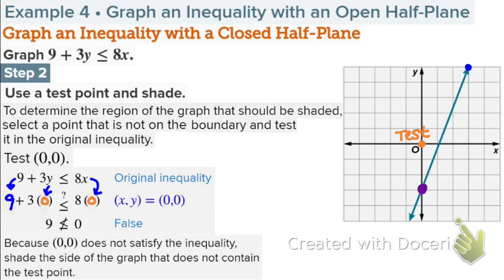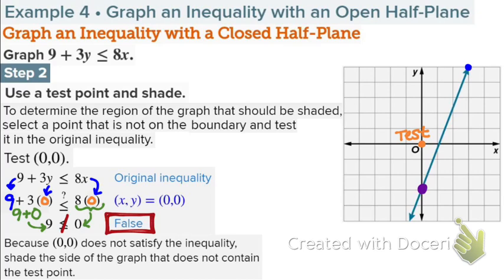What's 3 times 0? So I have 9 plus 0, which is what? 9. Over here, 8 times 0? 0. Is 9 smaller than, less than 0? No. It is not smaller than. So we would say this is false.